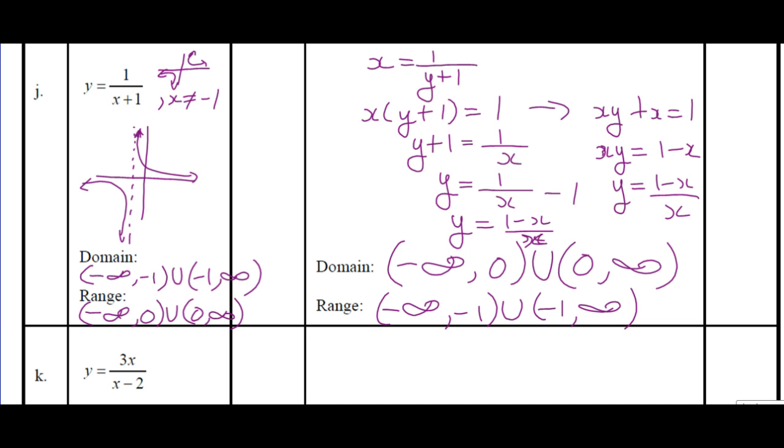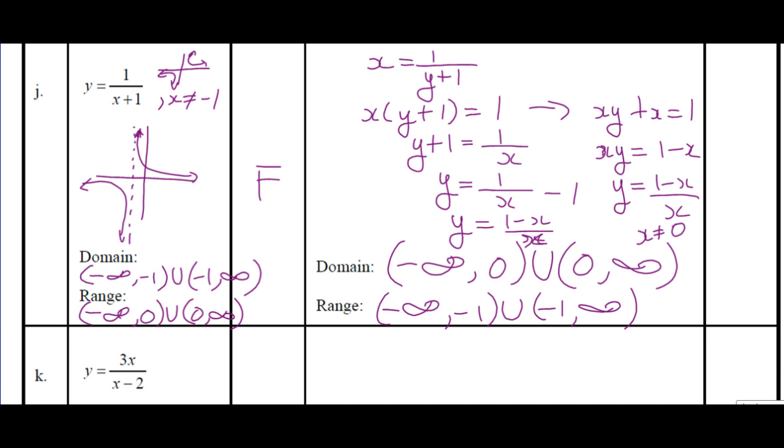Is the original a function? Yes. Is the inverse a function? Oh, there's a restriction. What's the restriction? So x cannot equal 0. That makes sense, right? Because here, x can't equal -1, that's the domain, which means we won't be able to get a -1 out of here, right? I can't make this equal to -1.